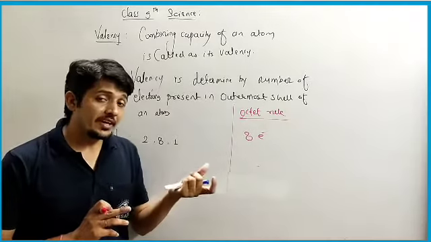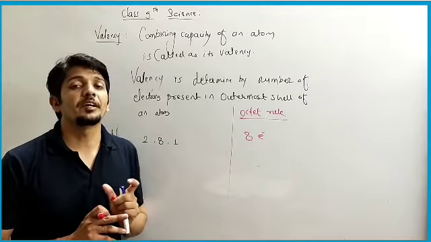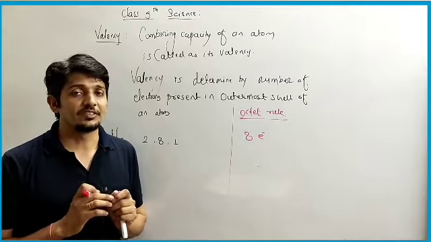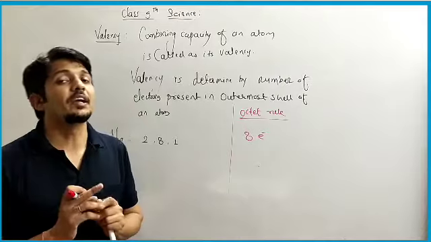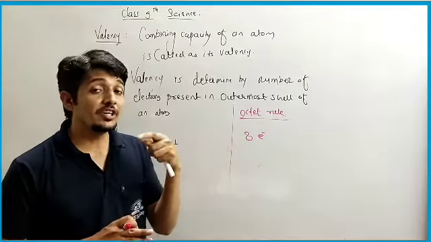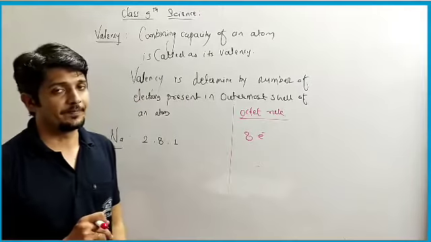Then we will say that the atom is a stable atom. Like we have noble gases. All the elements of group 18 are noble because they have 8 electrons in their outermost shell. That means they are stable.